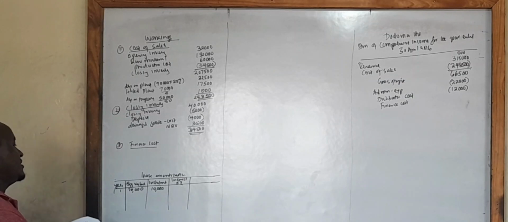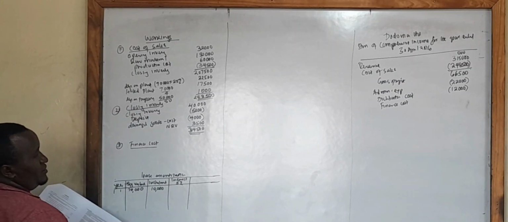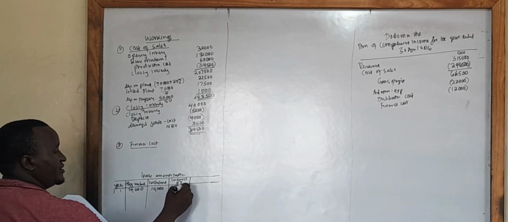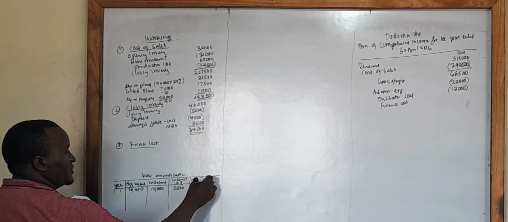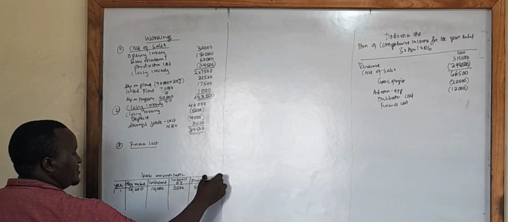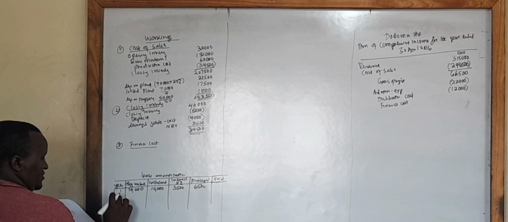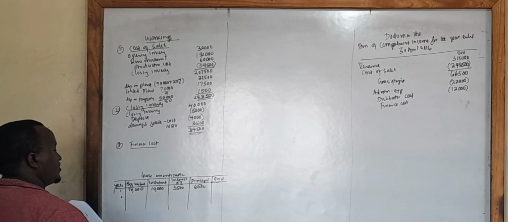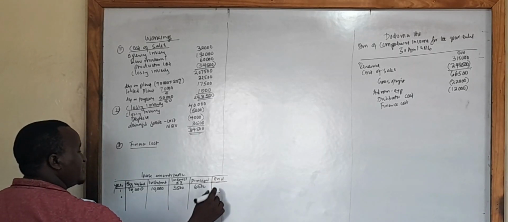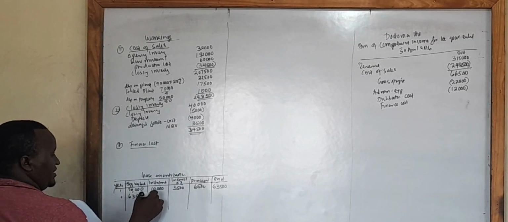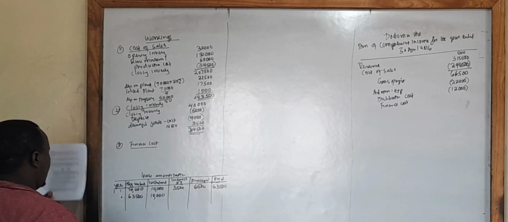5% of 70,000 is 3,500. So the principal will be 10,000 minus 3,500, which is 6,500. The end balance is 70,000 minus 6,500, which will be 63,500. So here the interest is on 63,500. Here is 10,000. 5% of this.